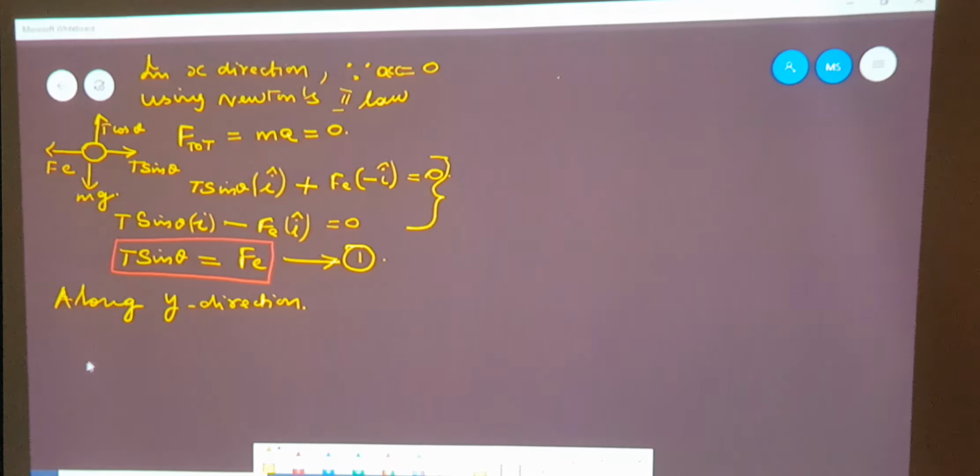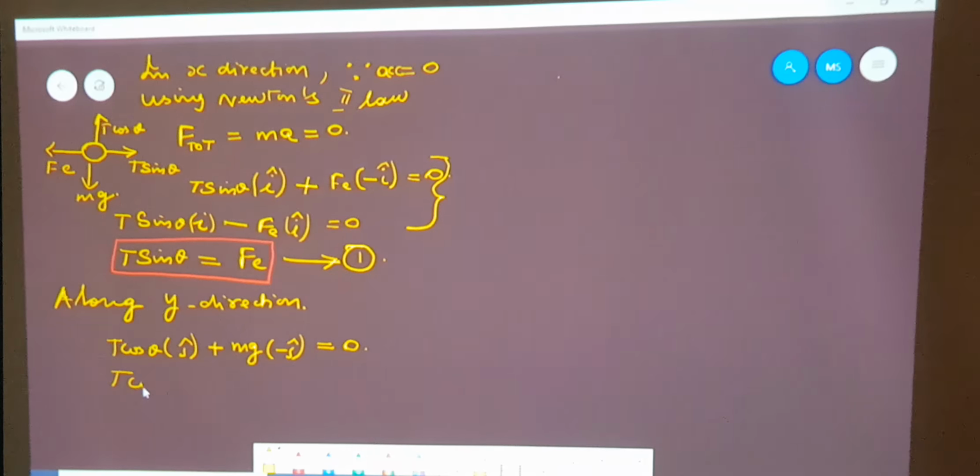Here also the total force is 0. So I can write T cos theta j cap, upward direction taken positive since it is along the y direction, plus m into g, downward direction minus j cap, is equal to 0.